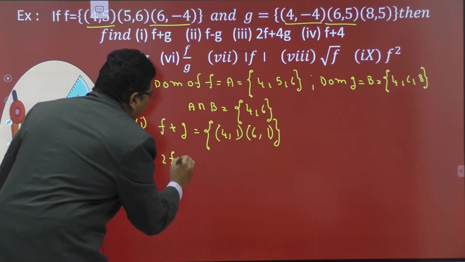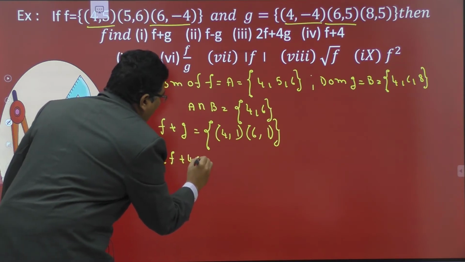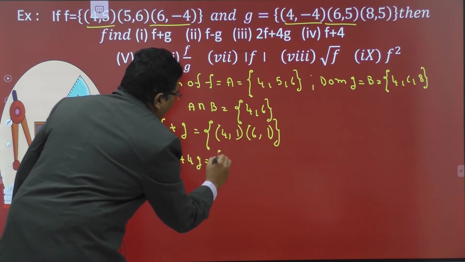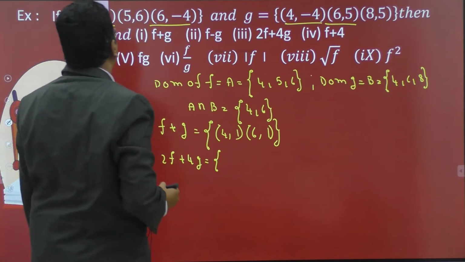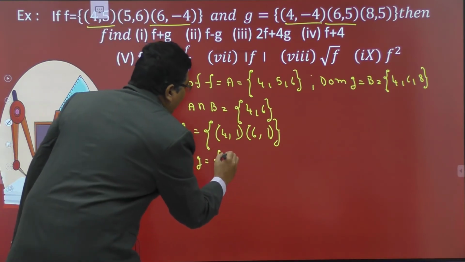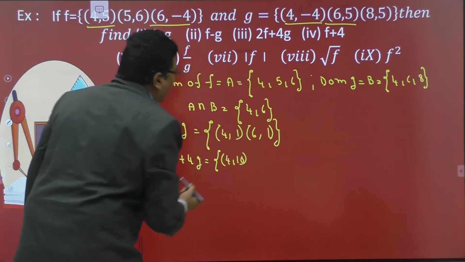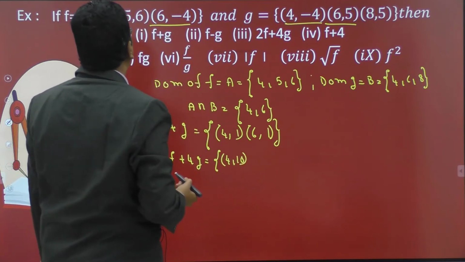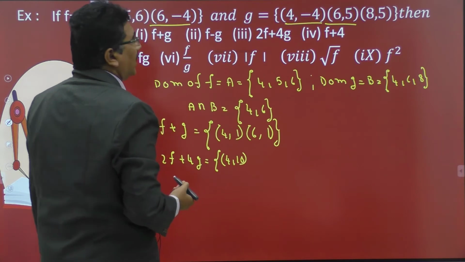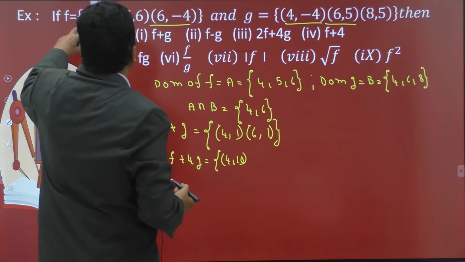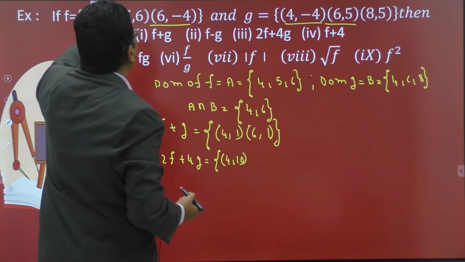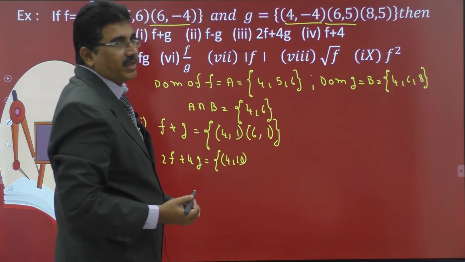2f plus 4g. 2f means the set of all ordered pairs (4, 10). 2f means multiply f by 2, multiplying 2 by the second components only.